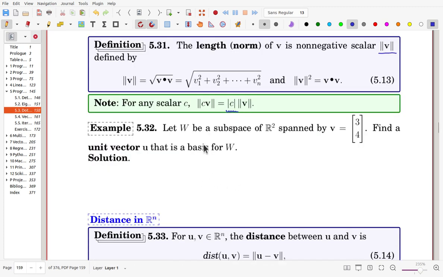Okay, here W is a subspace of R^2 spanned by the vector v = (3, 4). Pictorially, we can visualize W this way. In the x direction it is 3, and in the y direction it is 4. So we have a vector from the origin to the position (3, 4). That is the vector v.